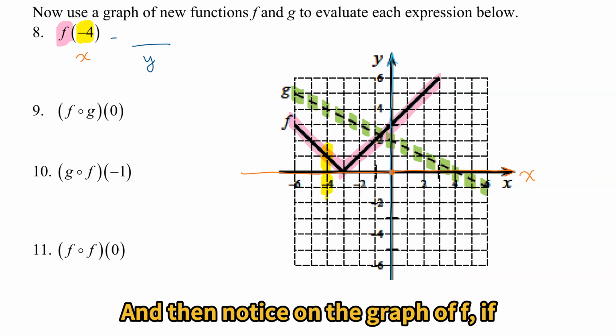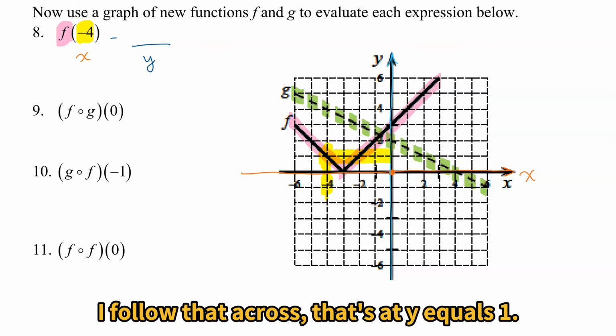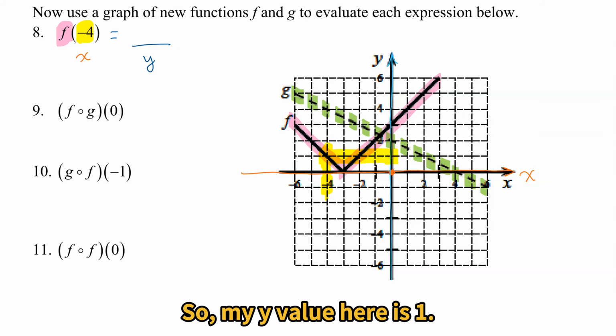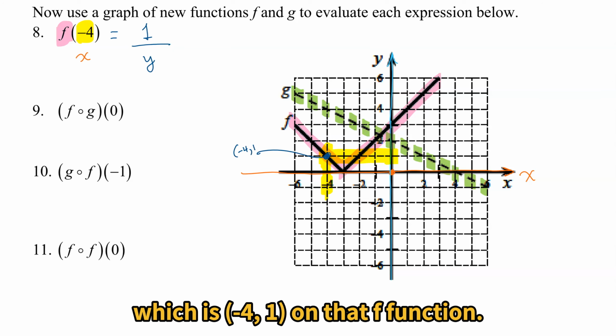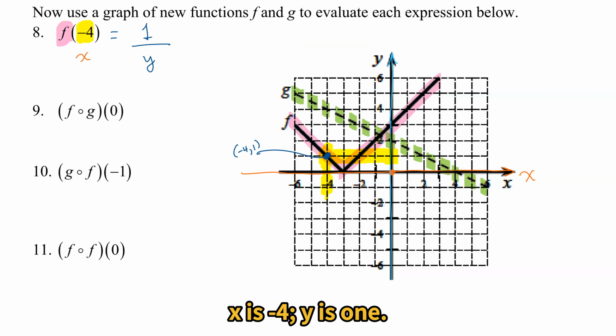And then notice on the graph of f, if I follow that across, that's at y equals 1. So my y value here is 1. So I'm looking at this point right here, which is -4, 1 on that f function. x is -4, y is 1.